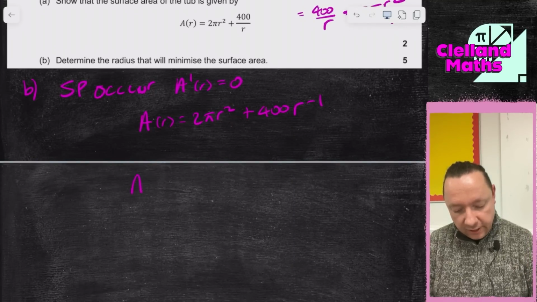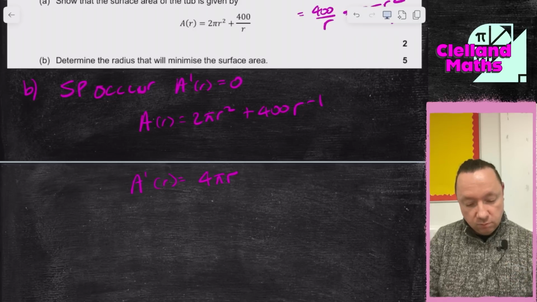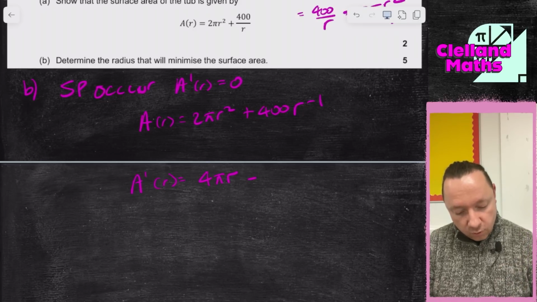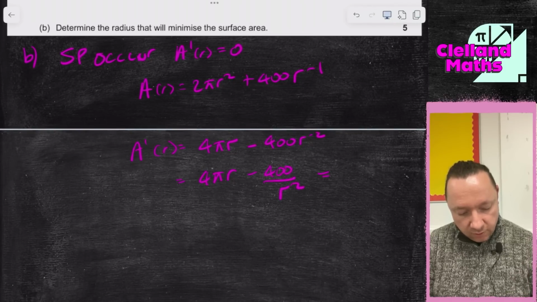Getting it ready to differentiate. So A dash r, 2 2's is 4 pi r, take away 1 for the power, so that's just r. Then minus 400, that'll be r to the minus 2. Or if you prefer, 4 pi r minus 400 over r squared. And we're going to say that equals 0.